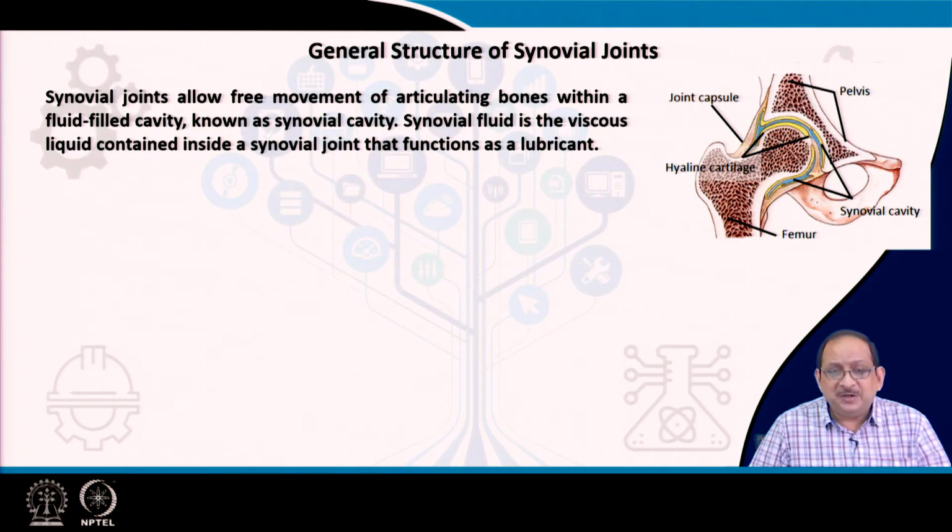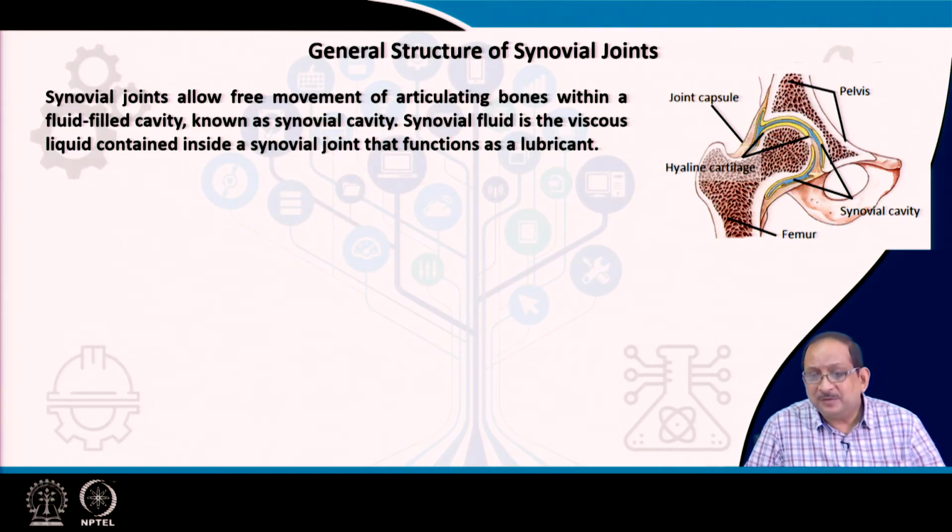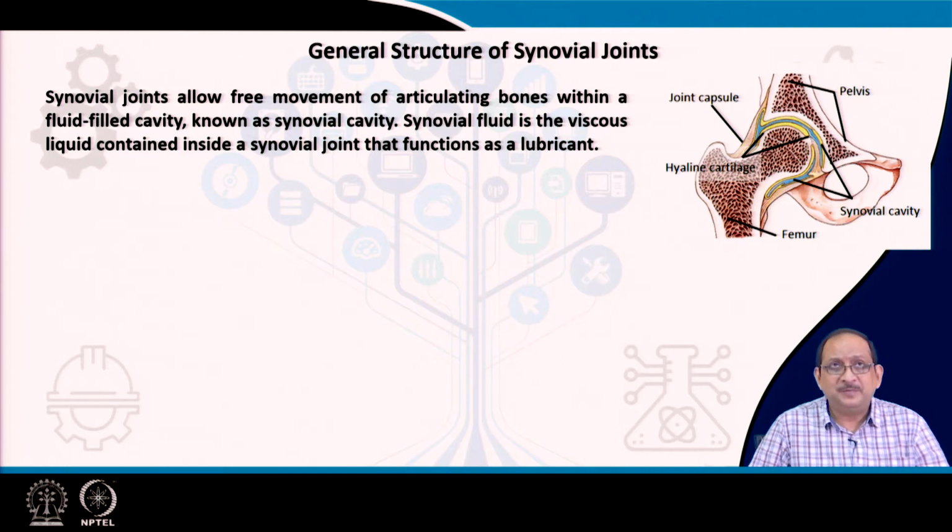Now, let us consider the general structure of a synovial joint. The synovial joint allows free movement of articulating bones within a fluid-filled cavity known as the synovial cavity.